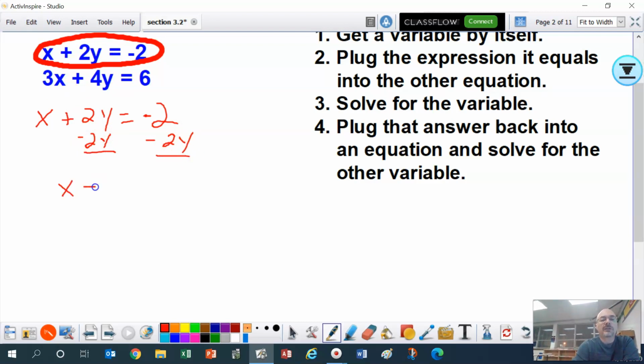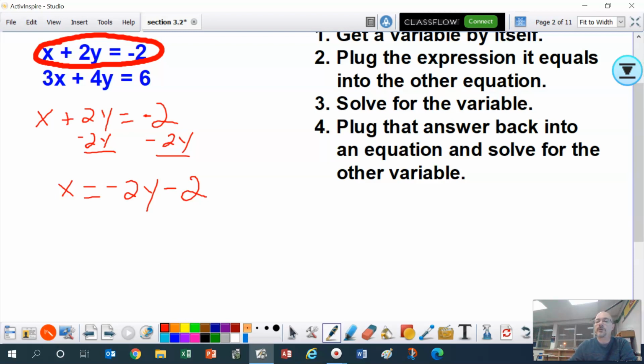And so now x equals -2y minus 2. Remember, you cannot combine things unless they are like terms. So you cannot combine the -2 and the -2y. All right, so step 1 is done.